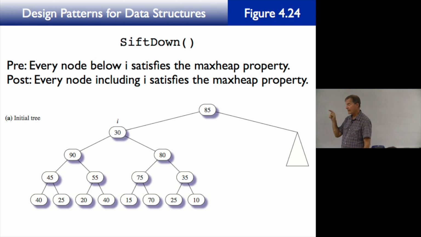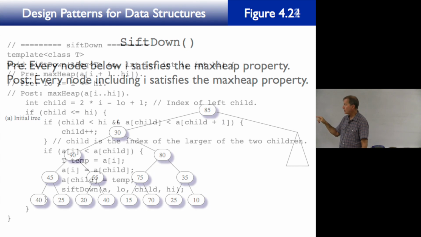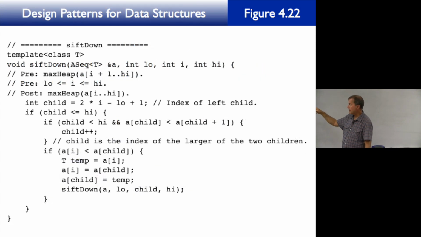So i would be the index of where that 30 is, right? And if we look at the code for sift down here in figure 4.22, we see that it does these tests, and then the very last thing it does is it calls sift down, so it calls itself recursively.